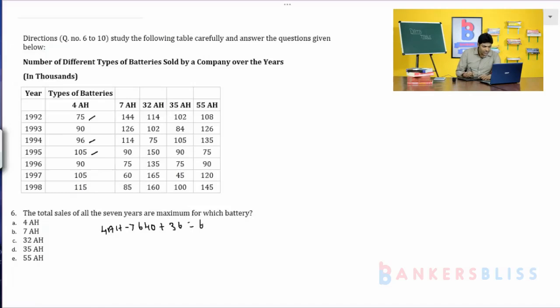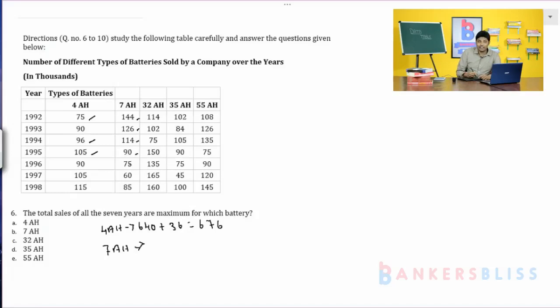So, altogether 676. Next 7Ah battery you have to calculate. Again in 144 you consider 100, 126 you consider 100, 114 you consider 100. So, 100, 200, 300, 390.